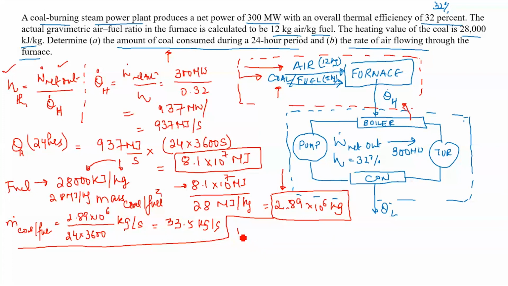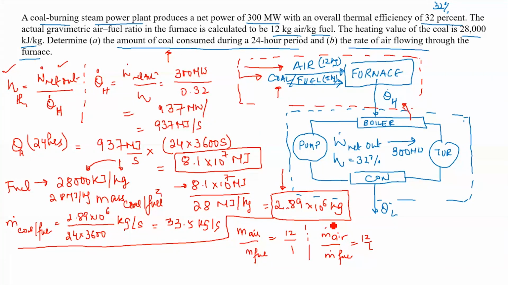So the mass of air to mass of fuel is essentially 12 over 1. Is this clear to you? Yes, sir. This means that the mass flow of air would also be 12 is to 1 if you divide both of them per second. Clear enough?